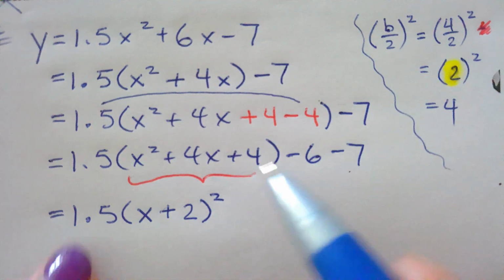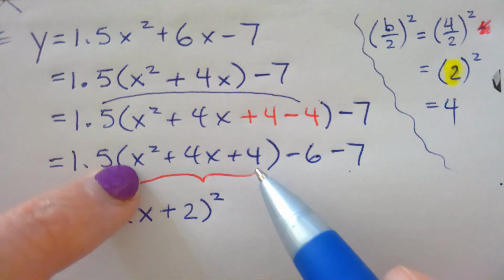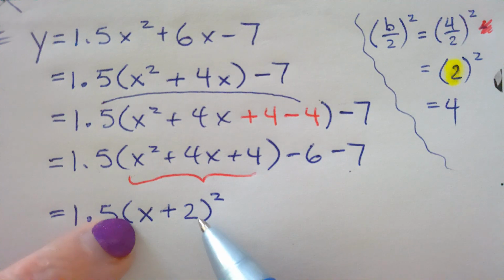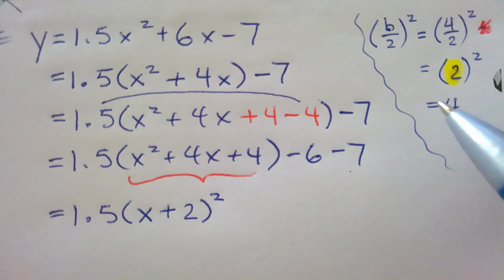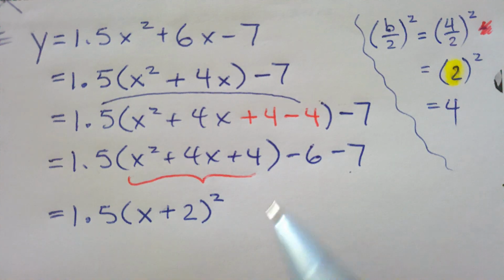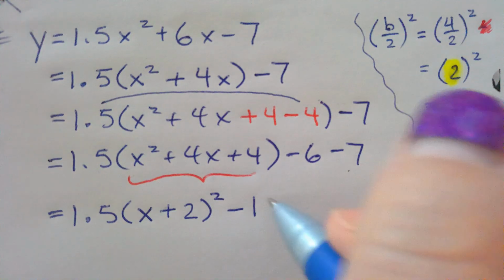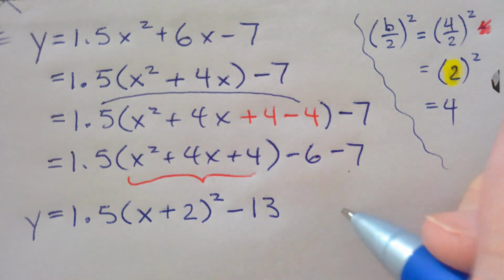I would say this is the toughest step, seeing how I get from this perfect square to here. Sometimes you'll get a decimal and it looks ugly. Just remember it's this highlighted number before you square it. What about the y? The y is in the front, so put it down.